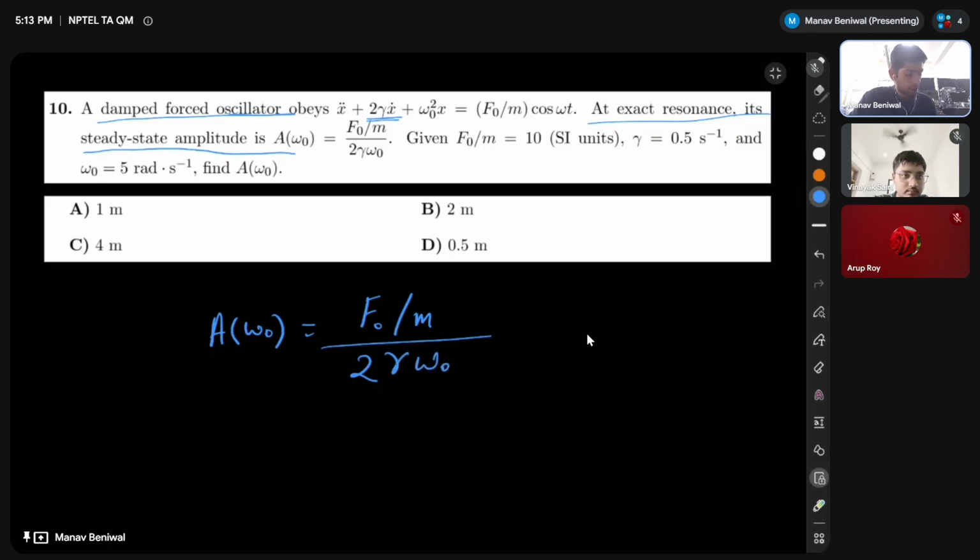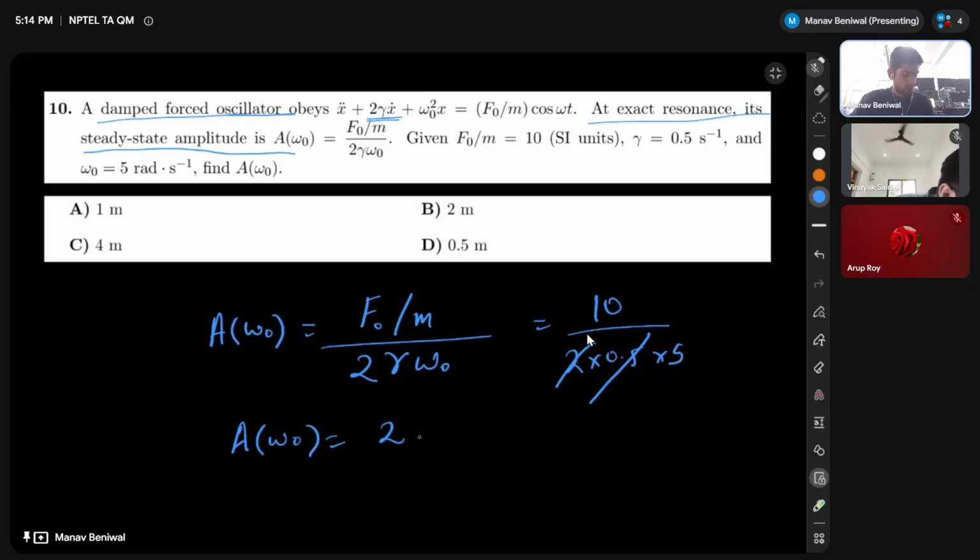F naught over M is 10, gamma is 0.5, and omega naught is 5 radians per second. So these two cancel out, and the amplitude is just 2 meters.